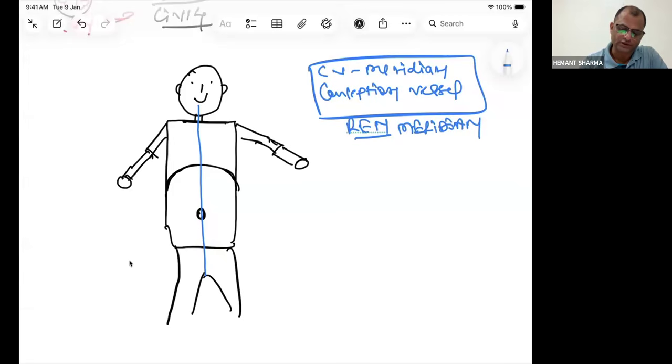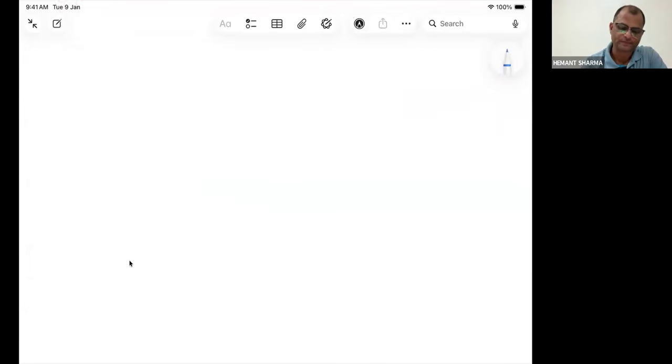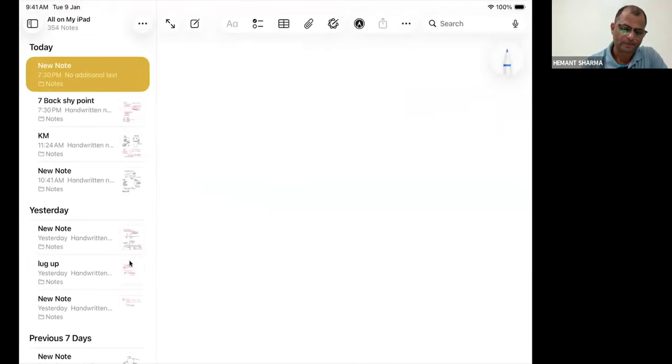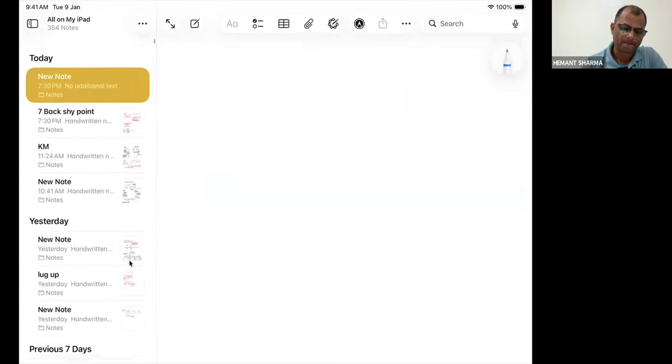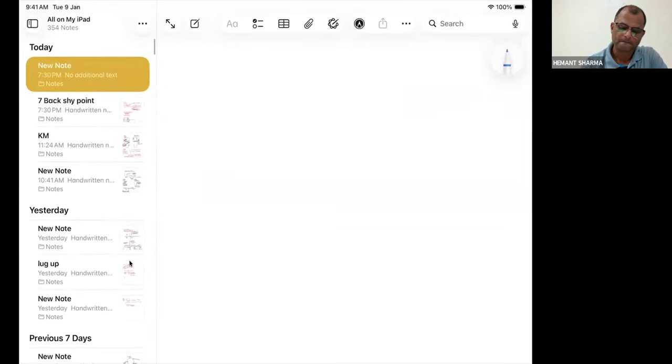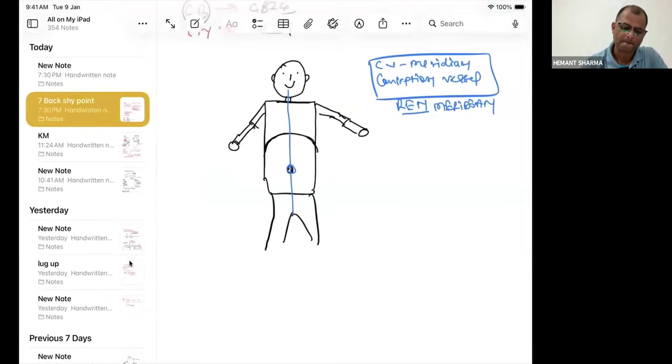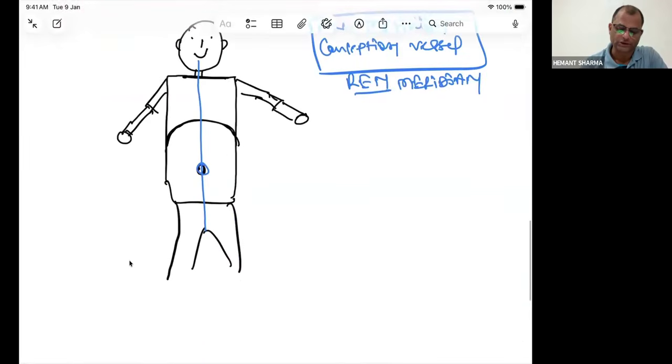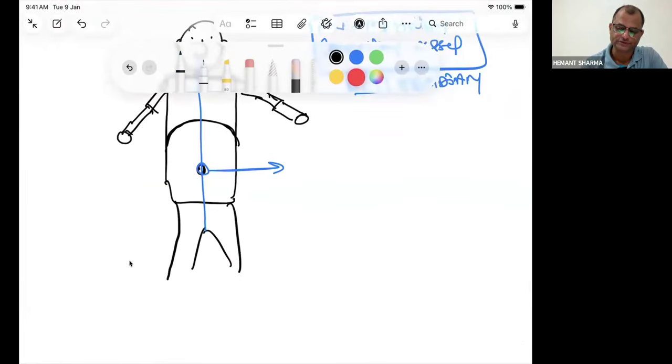So the navel, on the navel this point is called CV8.